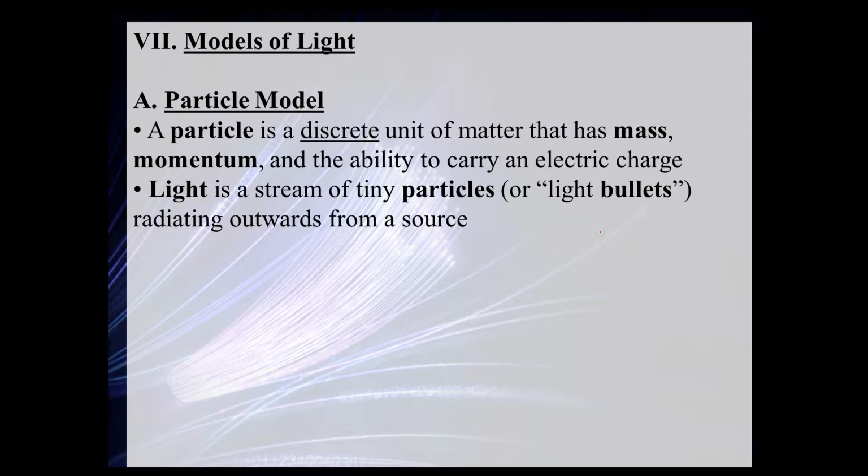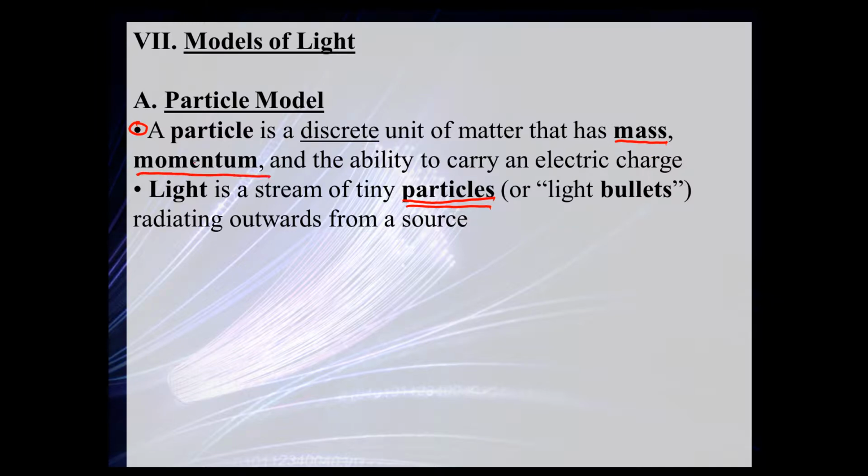Immediately, this seems to be a major contradiction in terms of what we know about light. So we've said here that light is a stream of tiny particles. Well, let's go back to our definition for what a particle is. What doesn't seem to fit the bill in terms of what exactly light is? A particle is a discrete unit of matter that has mass. I don't think light has mass. You can't take light and put it on an electronic balance and get a digital readout in grams.